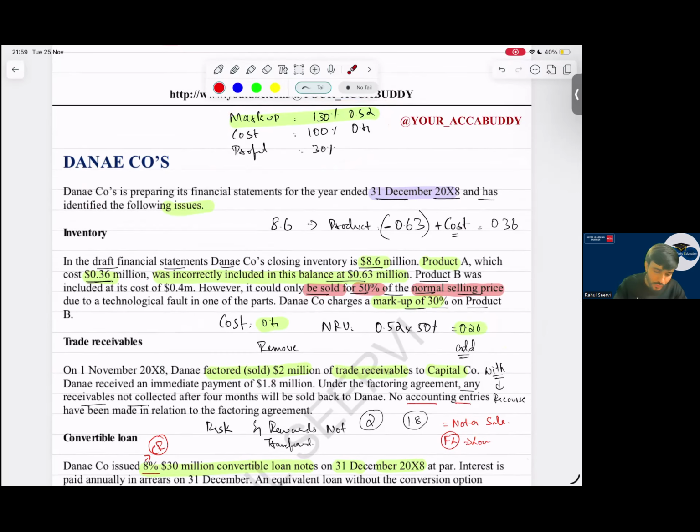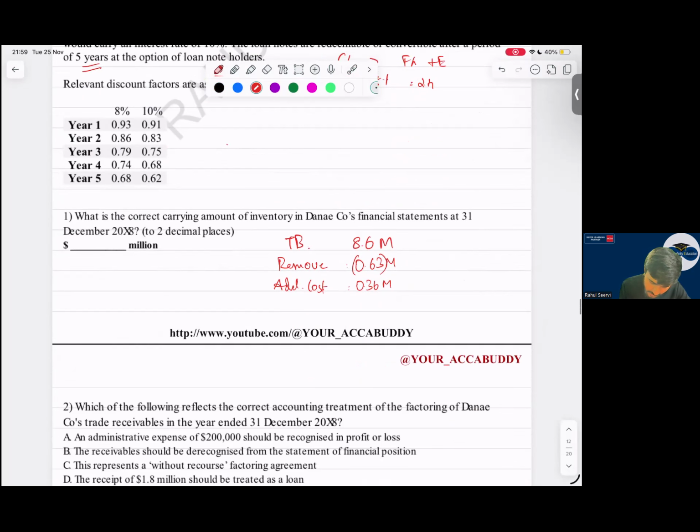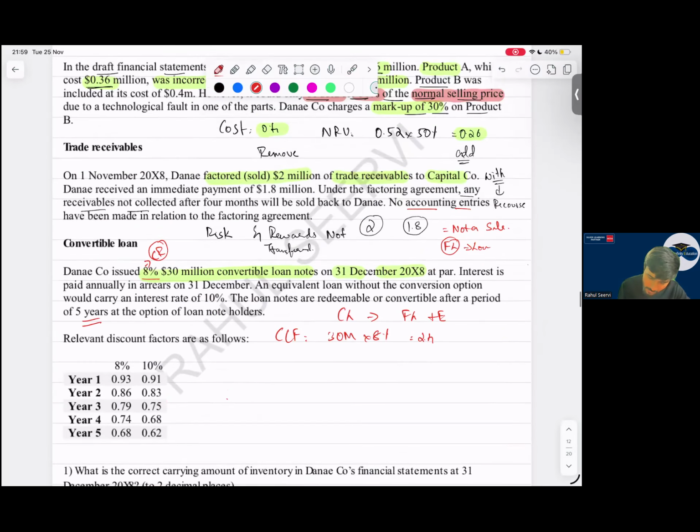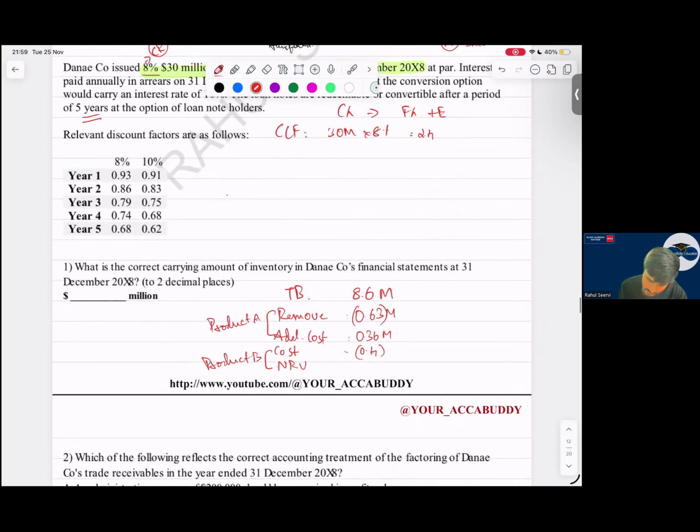So I will remove 0.4 cost for product B, and add it at NRV. The NRV was 0.26.